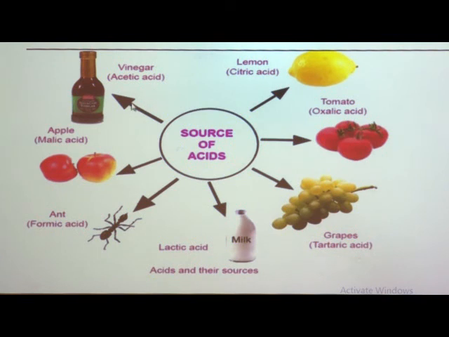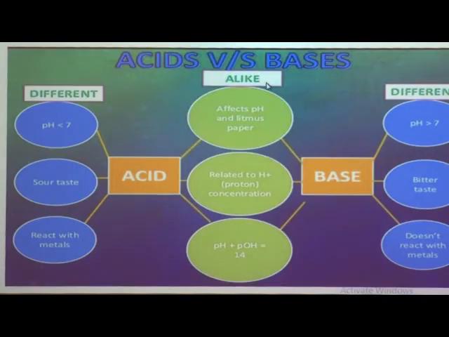So what is the difference between acids and bases? Here you can see the difference. First, the pH is below 7 for acids, and above 7 for bases. The pH of an acid is below 7, the taste of an acid is sour, and acids react with metals.